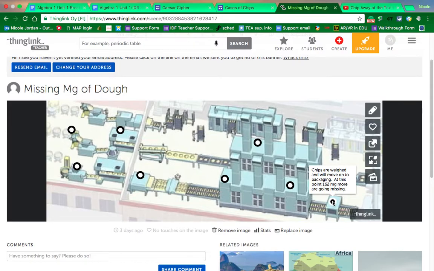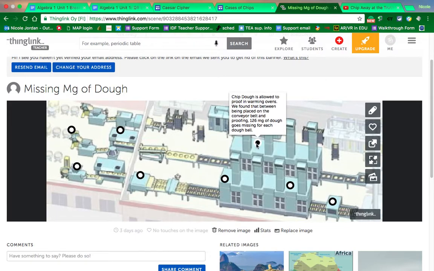When you add those together, you get 288 total milligrams of dough going missing, and that is the combination to the 3-digit number lock.